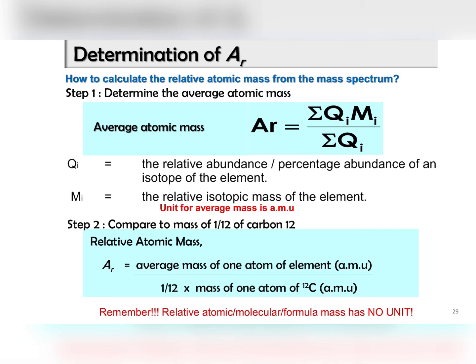So step 1, we first find the average atomic mass, and then step 2, we compare with the mass of 1/12 of carbon-12. From there we can determine its relative atomic mass, and make sure the final answer has no unit. Once you have compared with carbon-12, there is no need to write a unit.